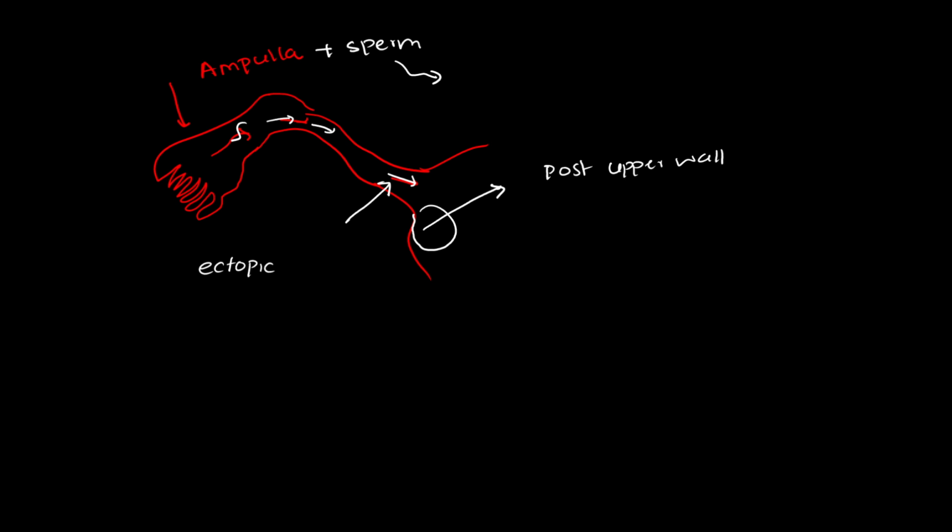The most frequent location would be at the point where the fallopian tube passes into the uterus. Even though this is a form of ectopic pregnancy, most of the time this usually moves in a way so that it comes back to the uterus.